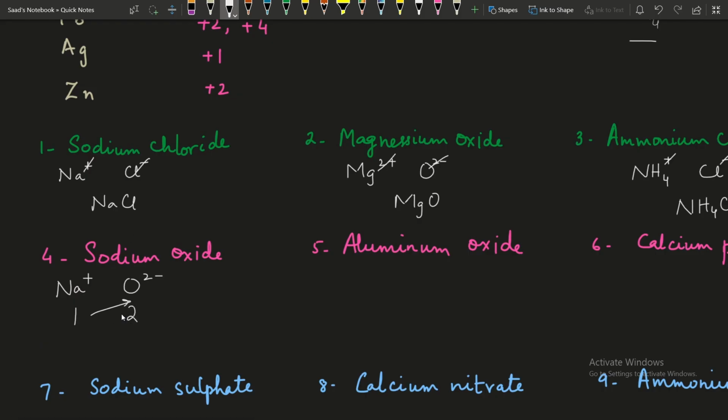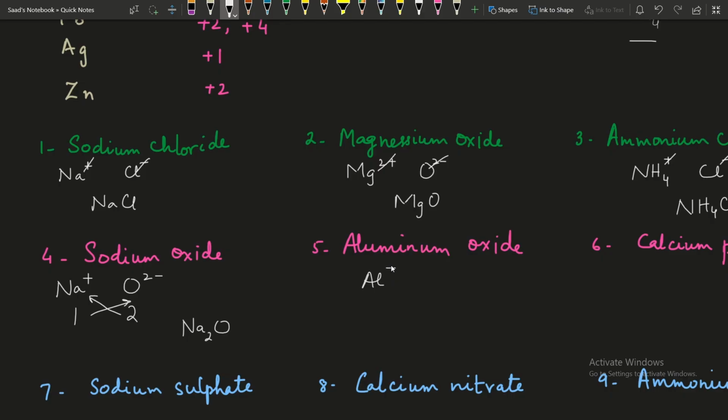Now swap these valences, these numbers, and write them as their subscripts. So what would be the subscript of sodium? It would be 2. And what is the subscript of oxygen? It would be 1.